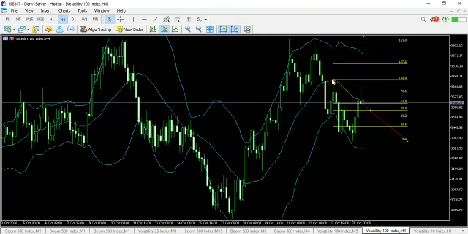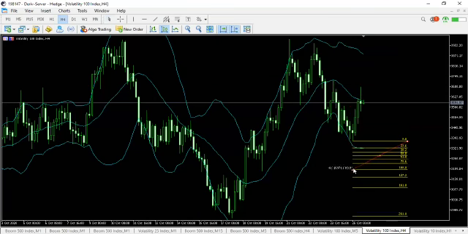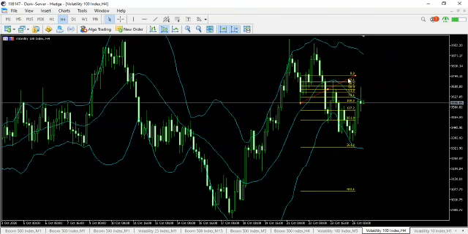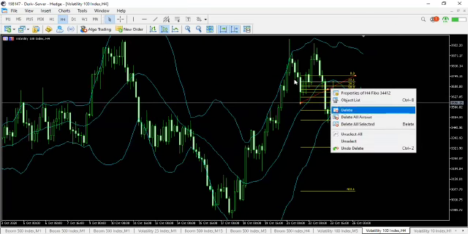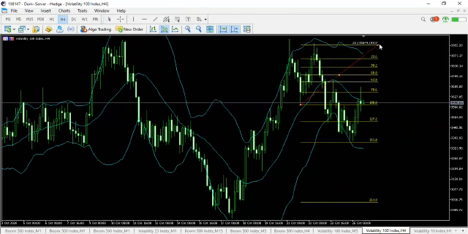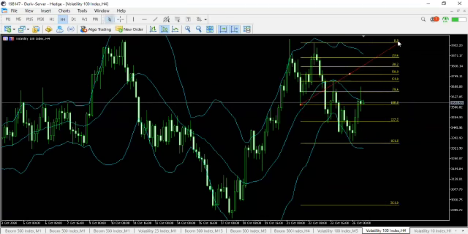For the M, the numbers graduate downwards. This is the neckline. Let me take this off and draw it again from scratch. You place your Fibonacci at the base, okay? And then you pull it upwards, you drag it up. There you have it. That's it.